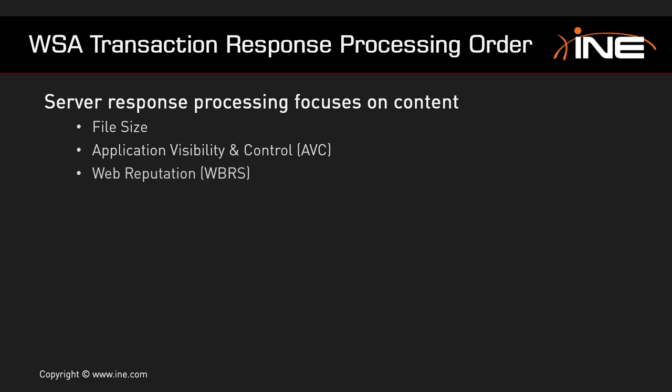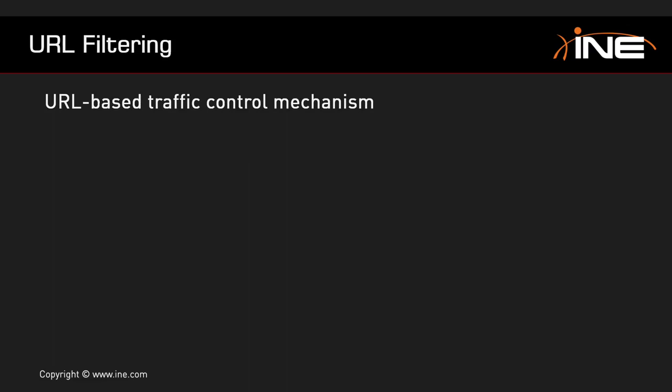Then we will perform a web reputation scoring. We will calculate a WBRS score, and finally perform malware scans. So we have fewer engines to use in this case because most of the transaction was evaluated at the request level.